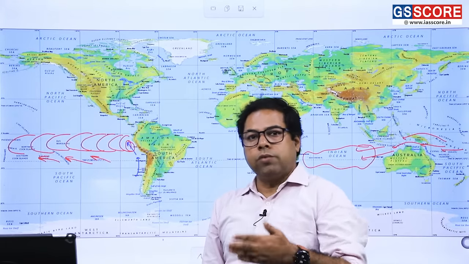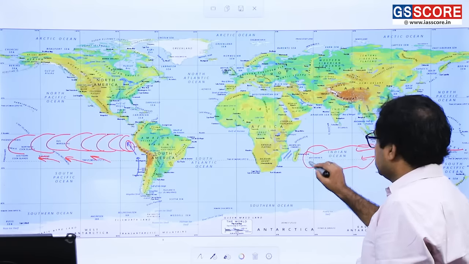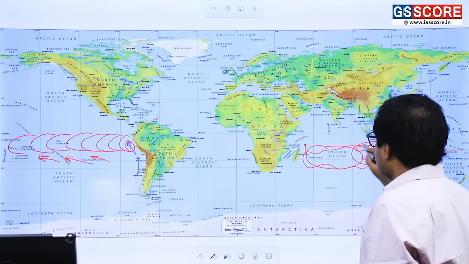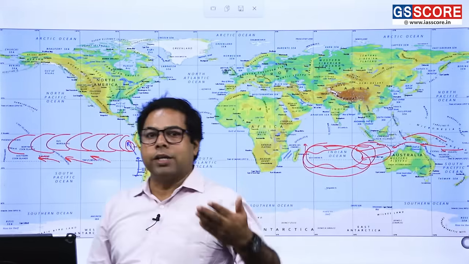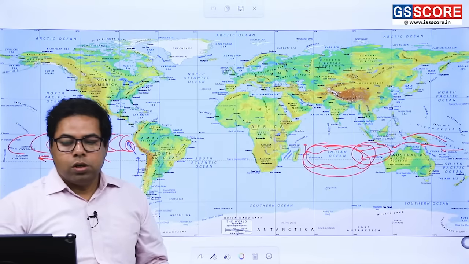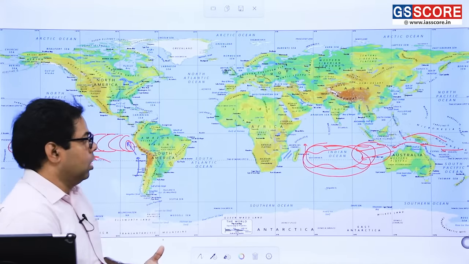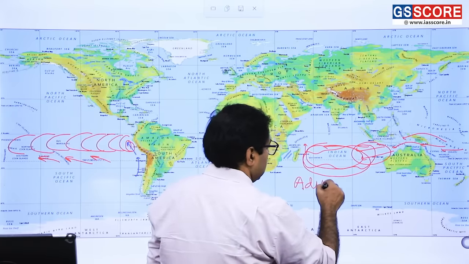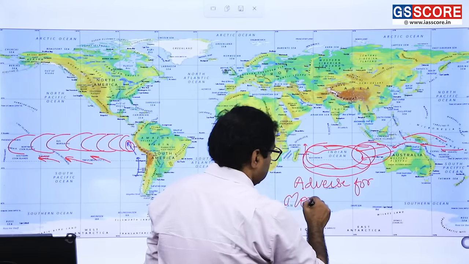El Nino is a natural phenomenon, but when the normal temperature of the ocean is already relatively high, the El Nino effect increases the temperature of the ocean to a higher range. So the impact of El Nino is observed more, and then it becomes adverse for the monsoon system.